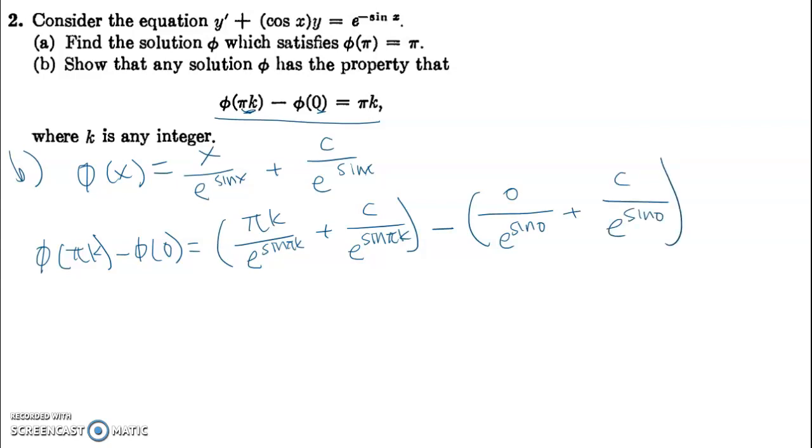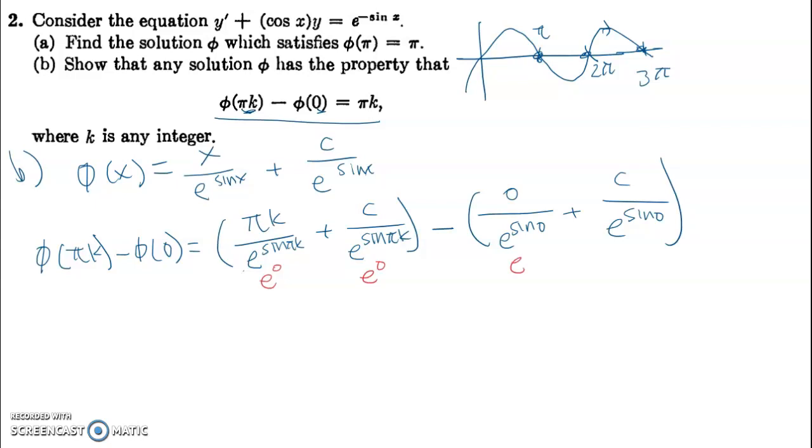So sine is a graph that is periodic and continuous. It just goes like this forever. And at all of these values, pi, 2 pi, and probably 3 pi, sine is going to take on zeros. So we know these are going to be e to the power of 0, likewise e to the power of 0.